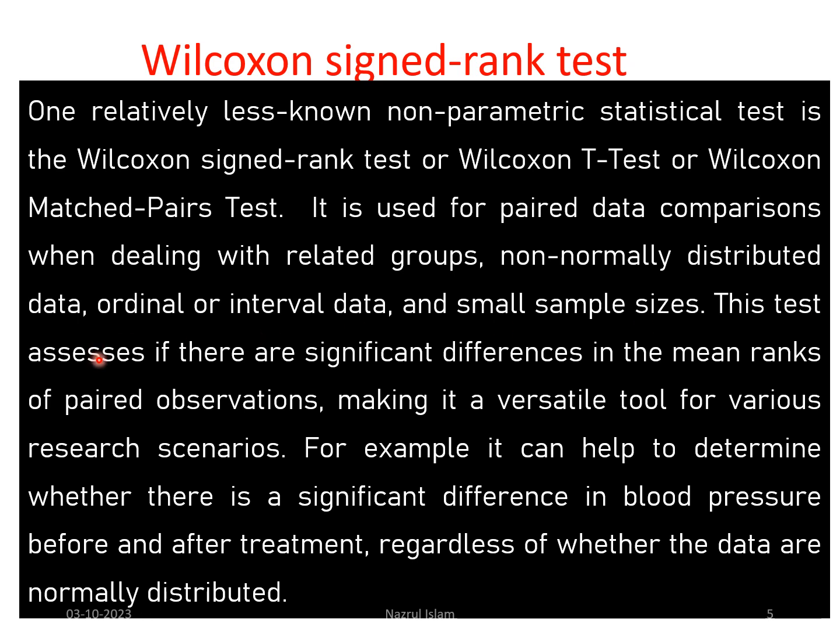This test assesses if there are significant differences in the mean ranks of paired observations, making it a versatile tool for various research scenarios. For example, it can help to determine whether there is a significant difference in blood pressure before and after treatment, regardless of whether the data are normally distributed.